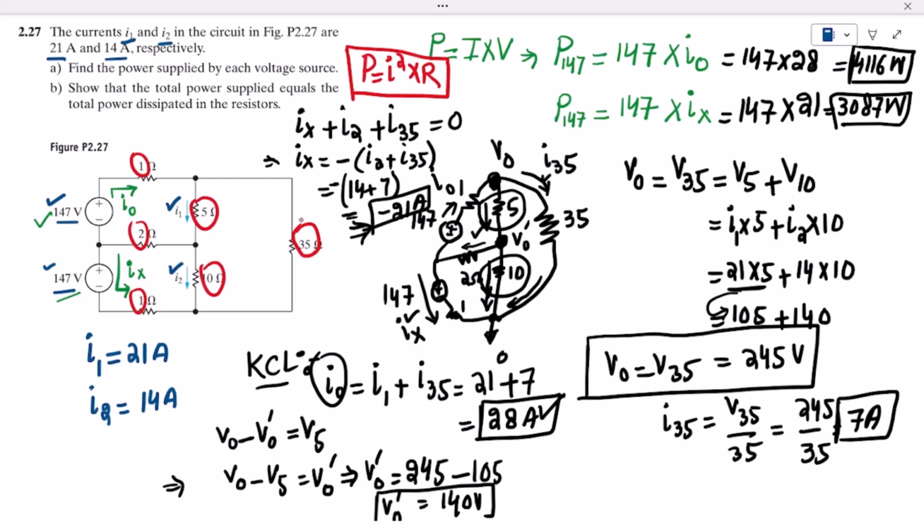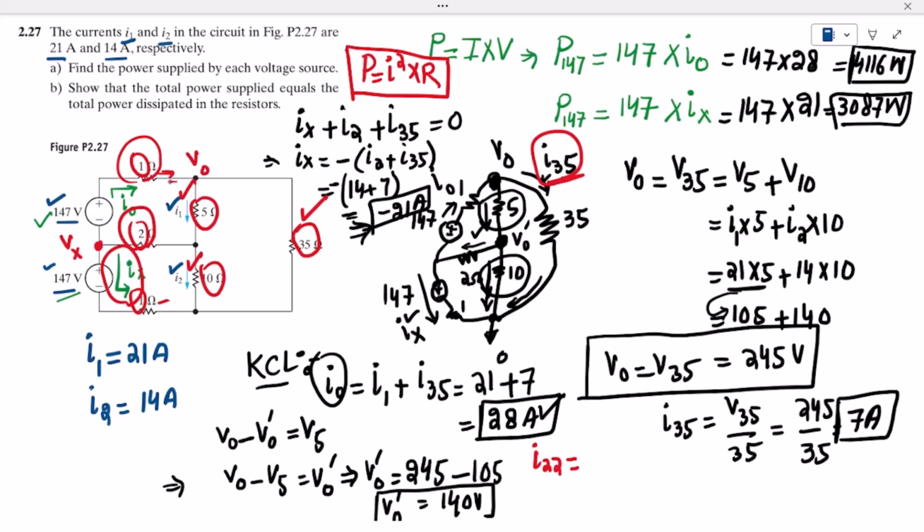This current I35 is already known, this is known, this Ix is also known, which is flowing towards it, and this I0 is known. What do we want to find out? This I2, let me call it I22, and in order to find it, we should have this voltage. Let me call it Vx.